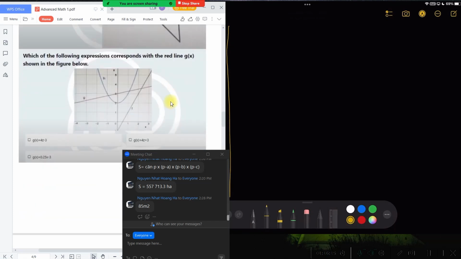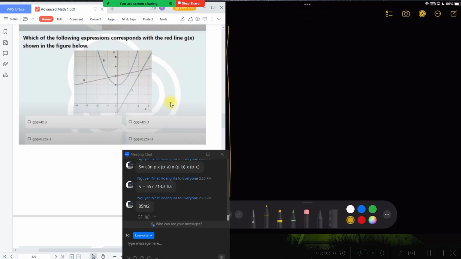Okay, let's do this one. Which of the following expressions correspond with the red line g(x) shown in the figure below?